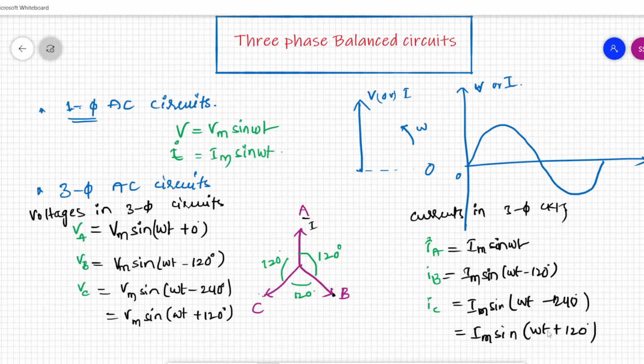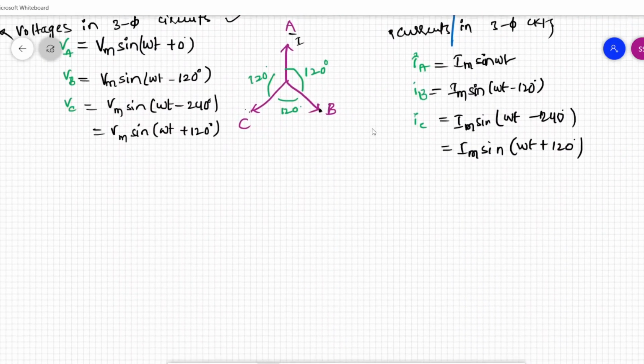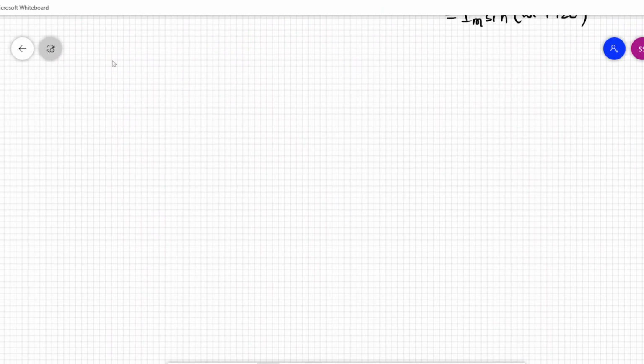So this is voltage and current representation in three phase circuits. Here we have three phases, so the waveforms will be three phase waveforms.